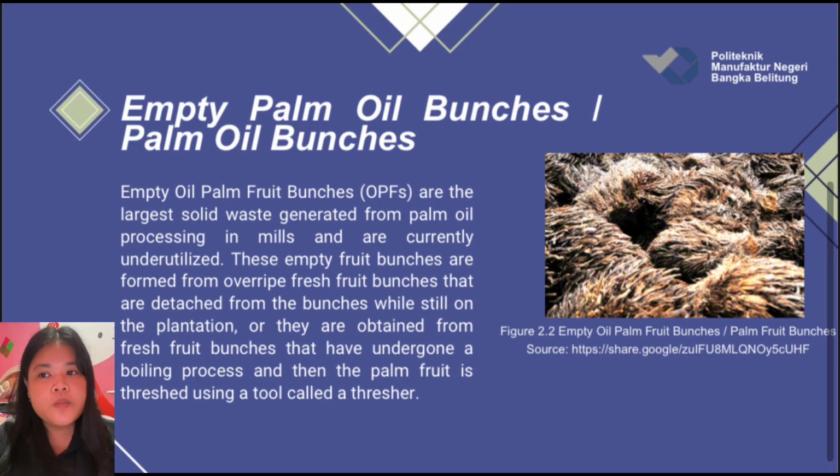These empty fruit bunches are formed from overripe fresh fruit bunches that are detached from the bunches while still on the plantation, or they are obtained from fresh fruit bunches that have undergone a boiling process and the palm fruit is threshed using a tool called a thresher.